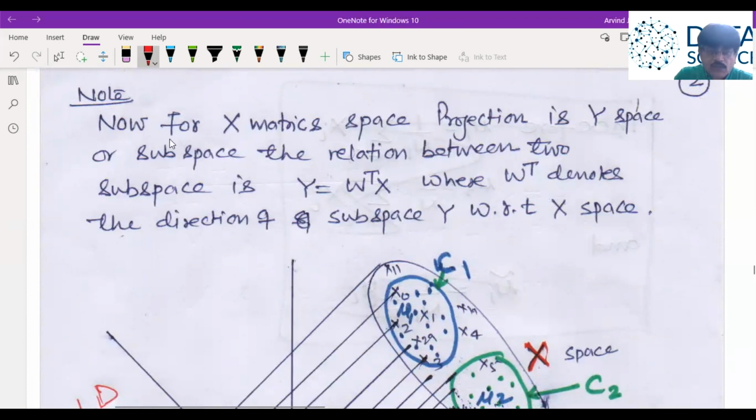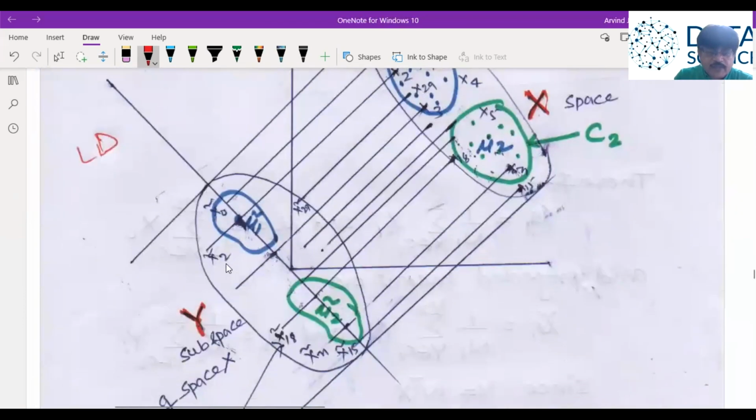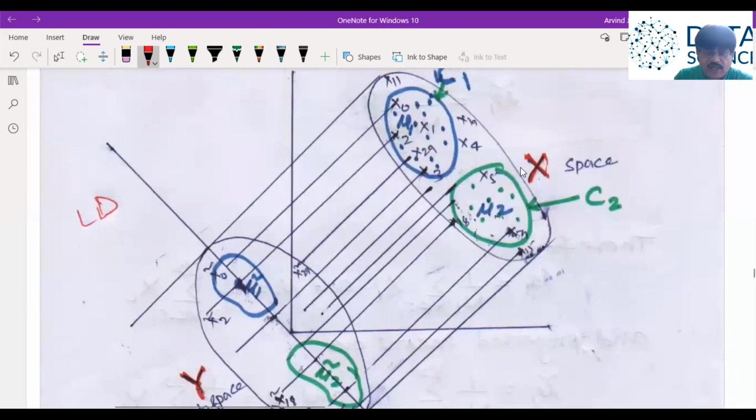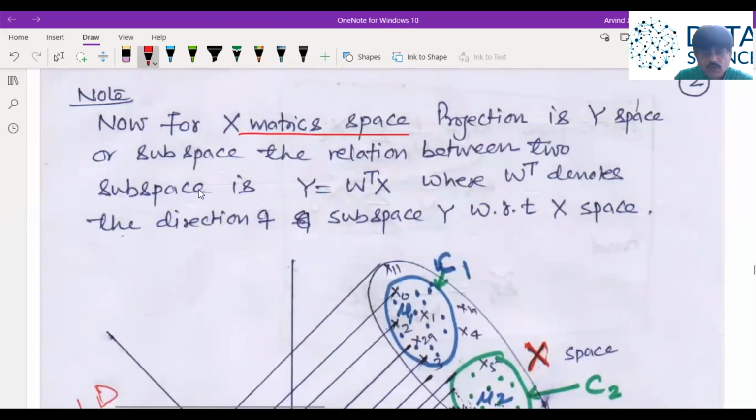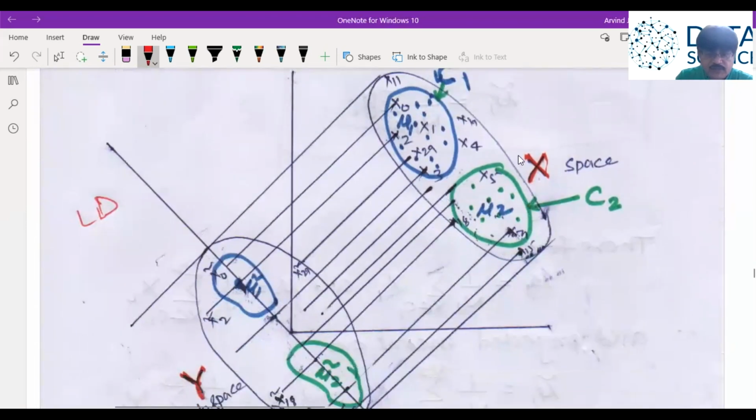Now, for the X matrix space, the projection is the Y space. This is the Y space, this is the X space, and the projection of it is here in the Y space. The relation between these two spaces, X and Y, is y is equal to W transpose X. This you know well.